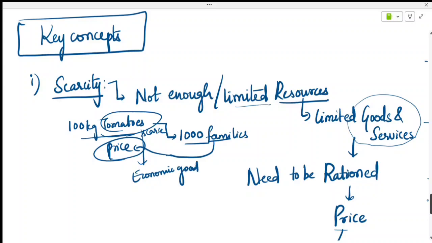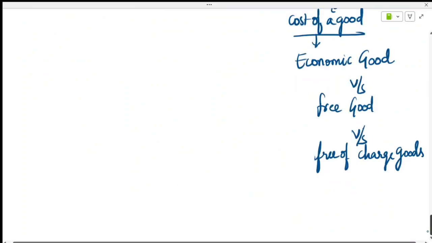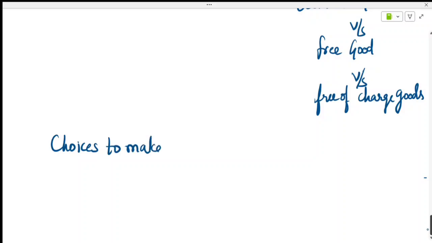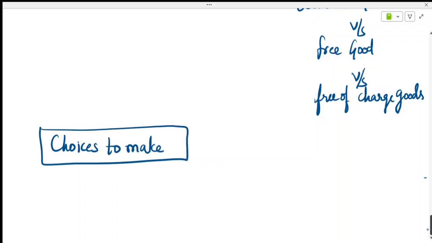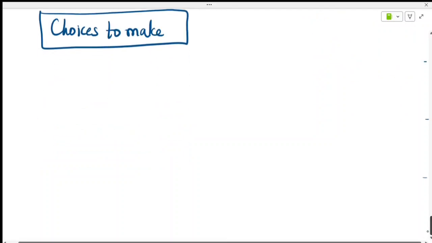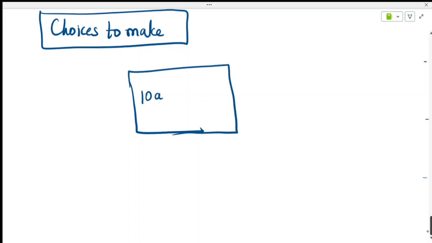Fine. Then whenever there is scarcity, we'll have choices to make. For example, I have 10 acres of land.